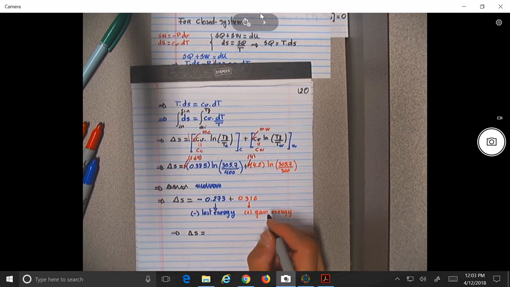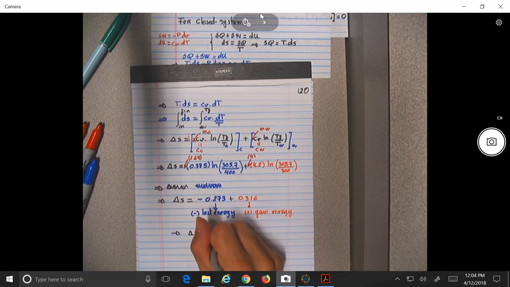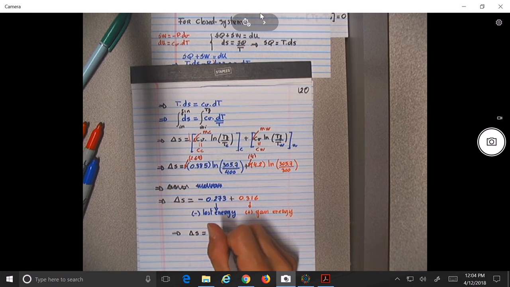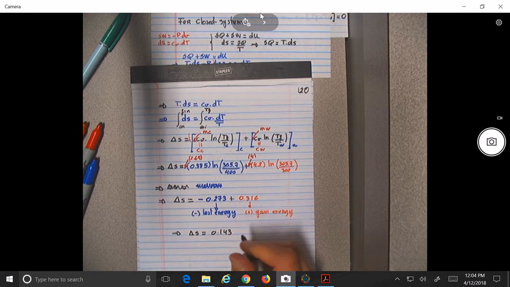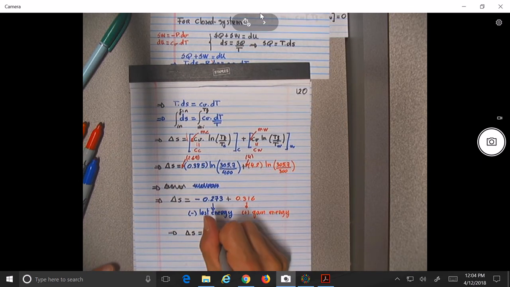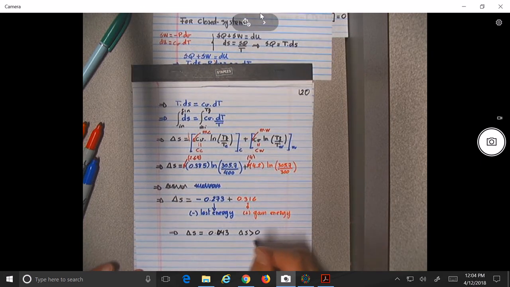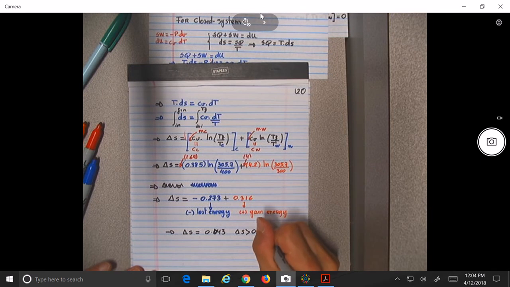Delta S equal to how much will be 0.120? Yeah. 0.043. Yeah, that's what. So this is positive. So what does that mean?